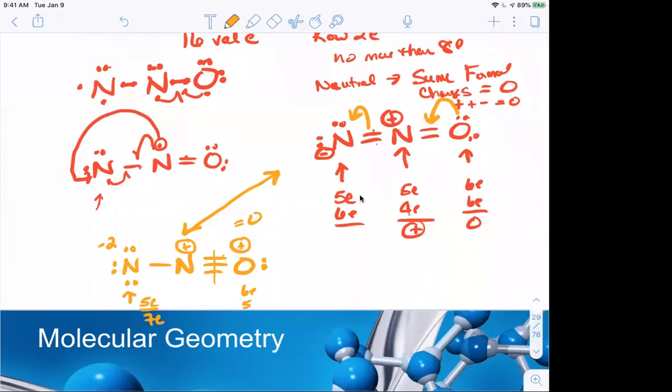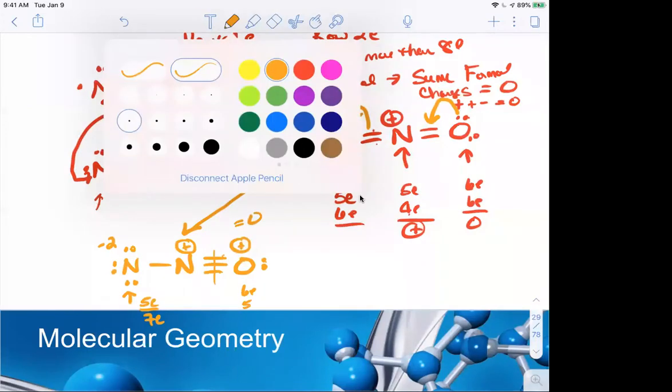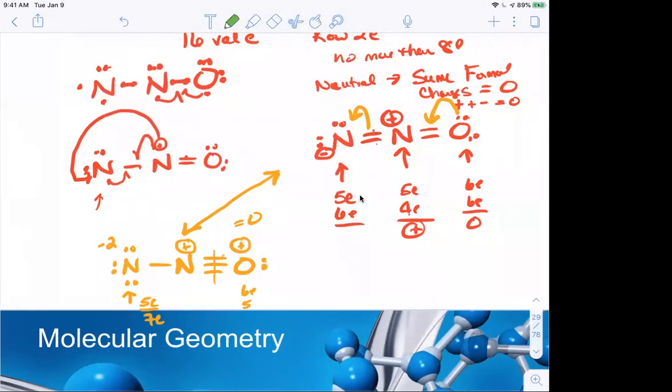Is there another resonance structure? Well, let's look at it this way. If I go and I do this, I'm going to have nitrogen with 3 bonds to this nitrogen. And then I'm going to have 3 lone pairs on that oxygen.